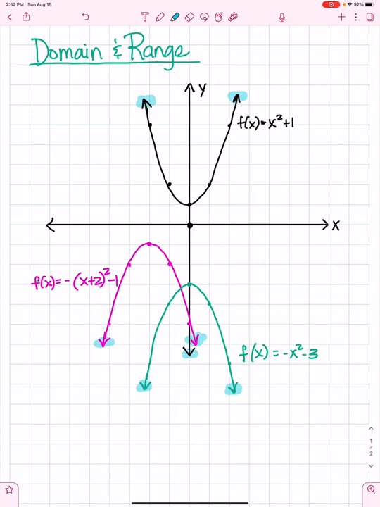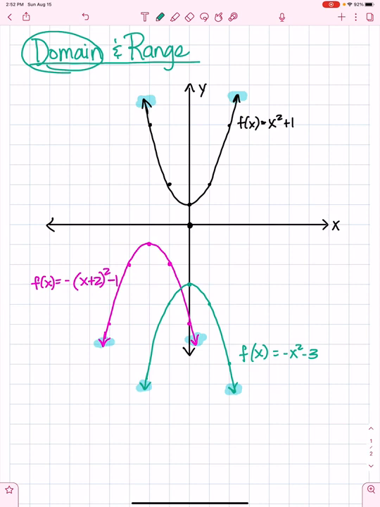Anyway, when we talk about forever in math, what we're actually talking about is infinity. So you probably remember hearing that over and over again. So all of these parabolas, either in their domain or range, we're going to talk about that, go off forever into infinity.